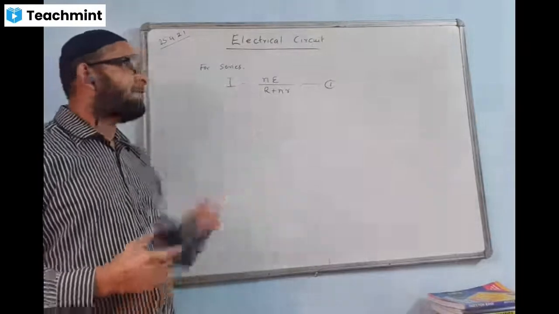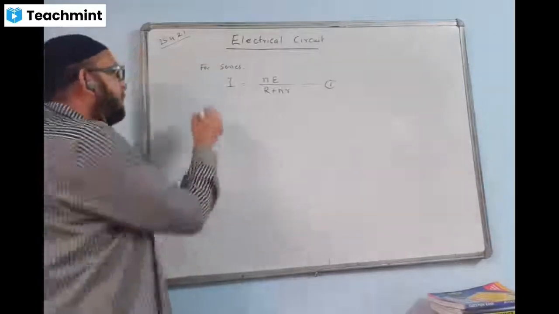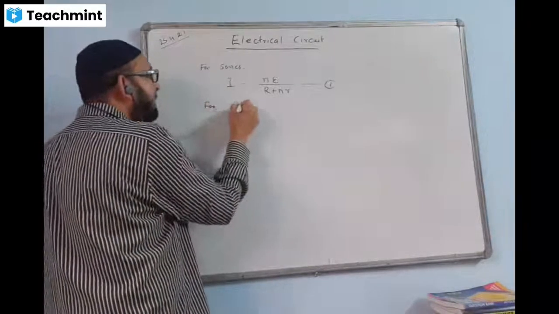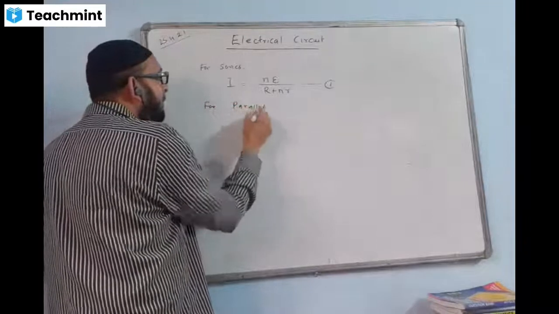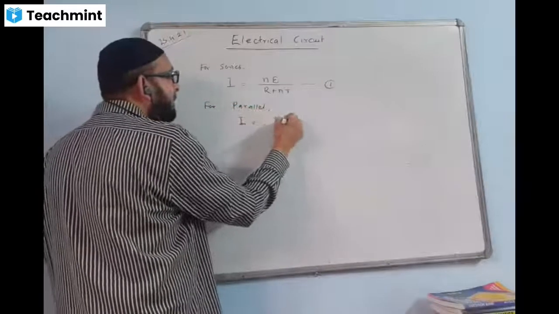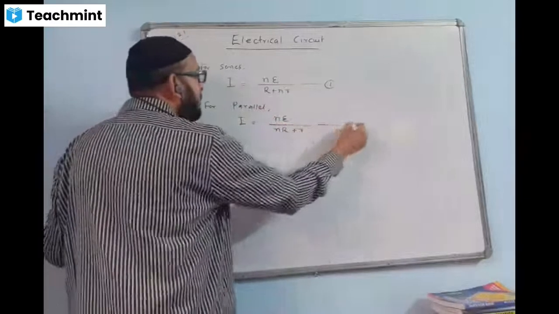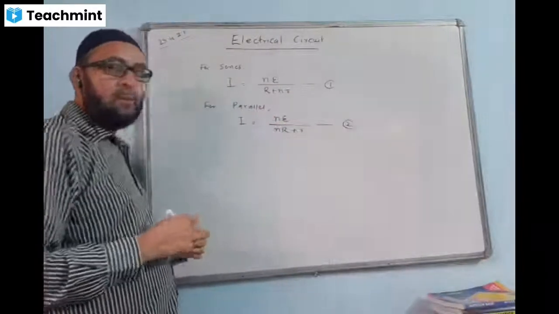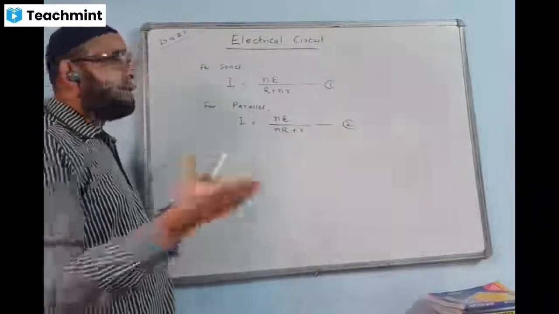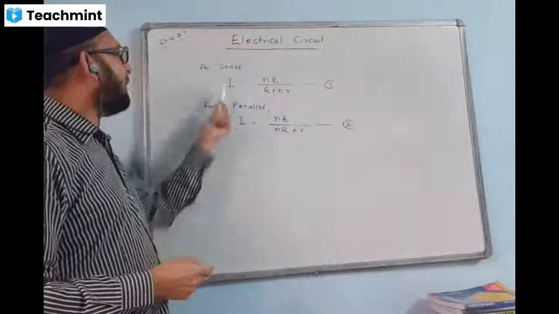So I value is this much for series combination, and for parallel we write here, again, I is nE by R plus r over n... this is equation number 2. The two currents are same, question says. So that's why I am keeping I and I same.